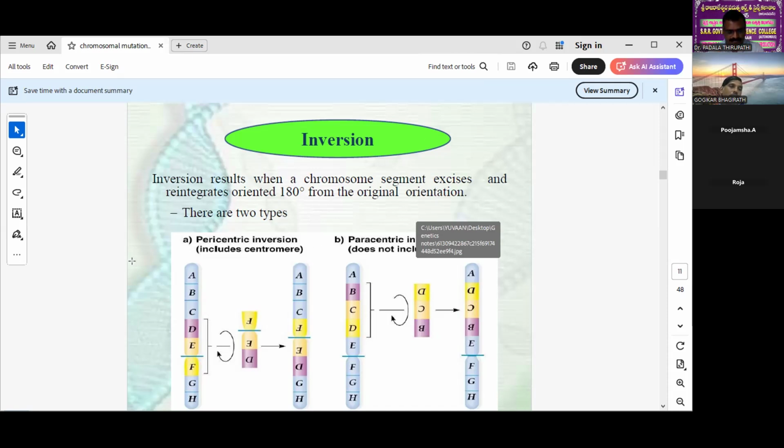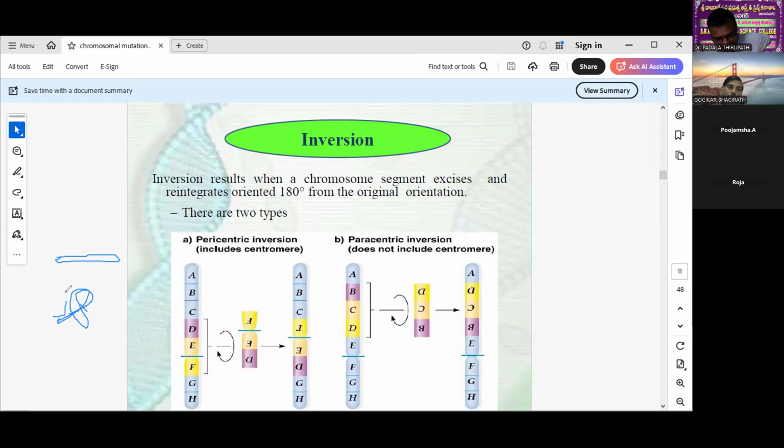Pericentric means the inverted chromosome segment, this is the chromosome actually. So this chromosome bends like this. This is the 180 degrees. Okay. So in this place, it will break. And exactly in this same position, reunion takes place.